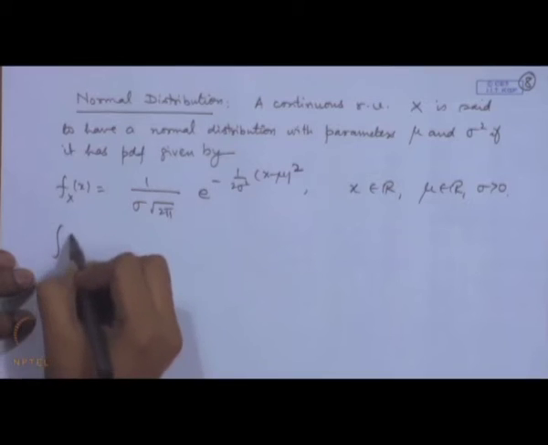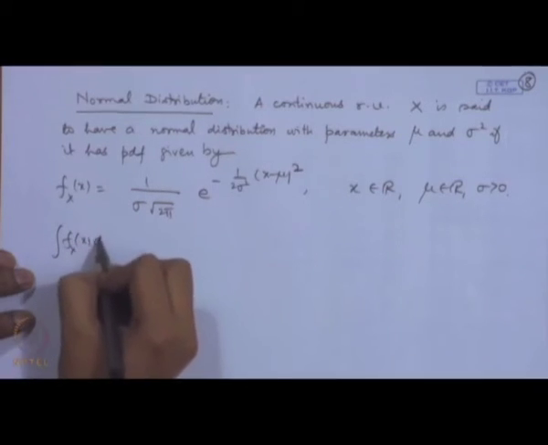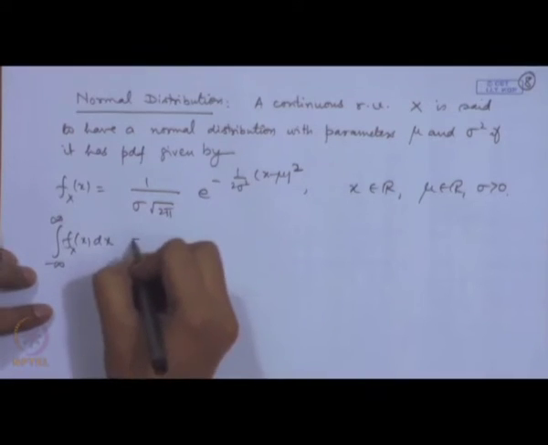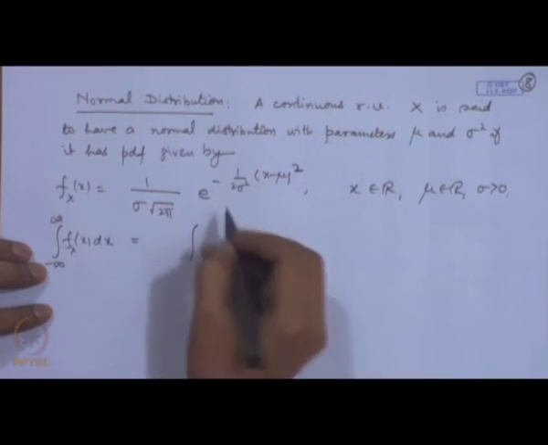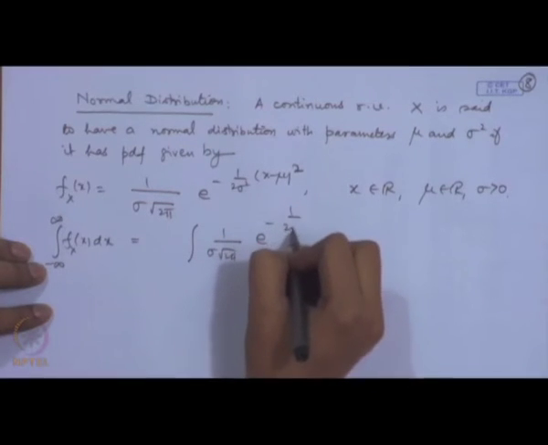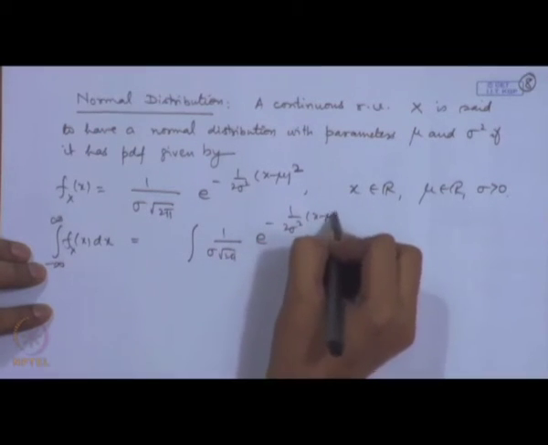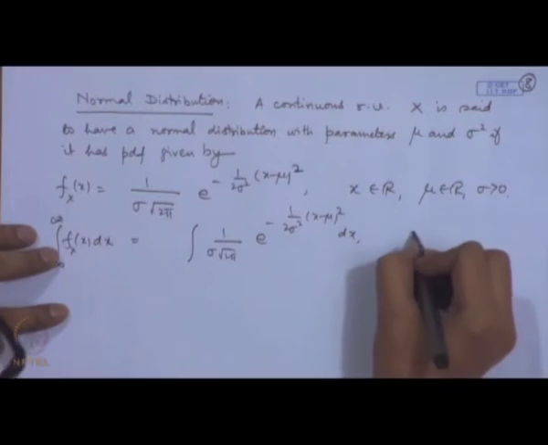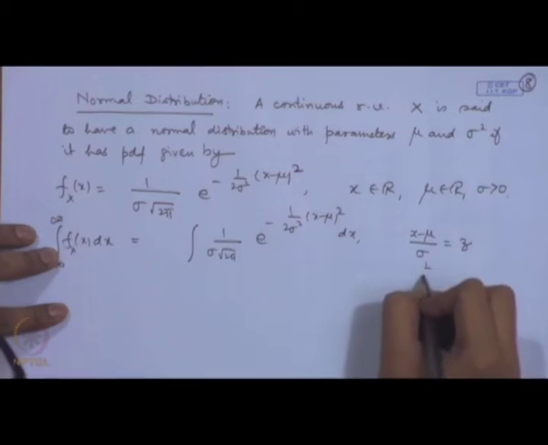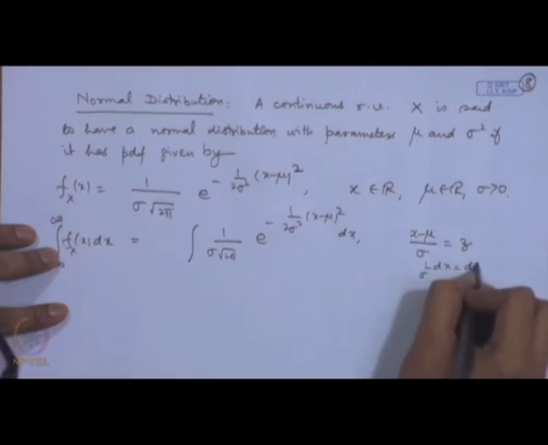Let us firstly consider whether it is a valid probability density function. So, we have the integral of 1 by sigma root 2 pi e to the power minus 1 by 2 sigma square (x minus mu) square dx. Let us substitute (x minus mu) by sigma is equal to say z, that is 1 by sigma dx is equal to dz.